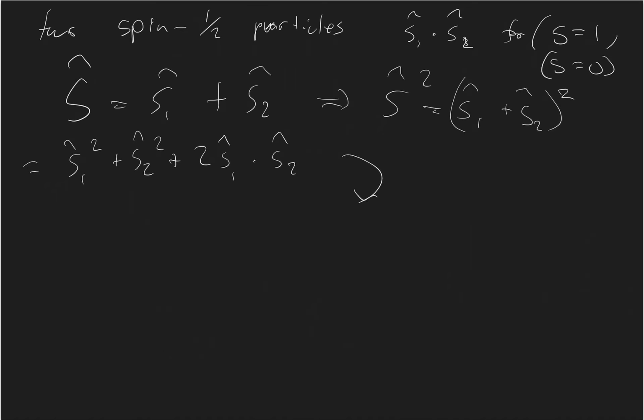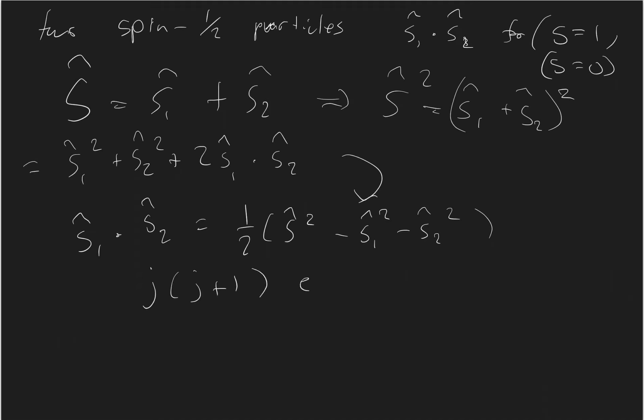And so when we rearrange this for the scalar product, we have the square of this total angular momentum vector here. To find the eigenvalues, we can replace the squared angular momentum operators with their eigenvalues, which are, of course, of the form j times j plus 1.